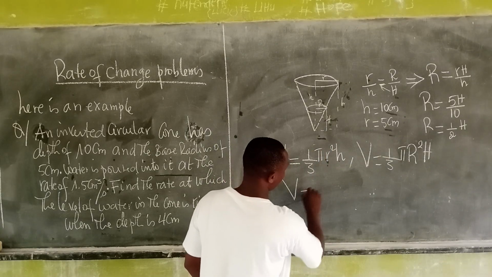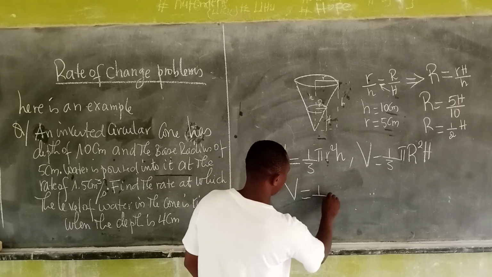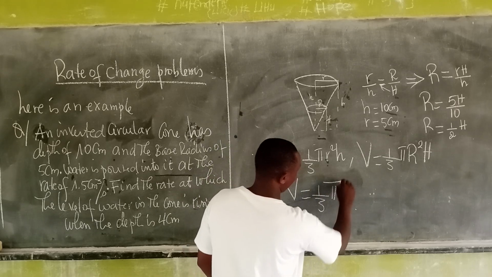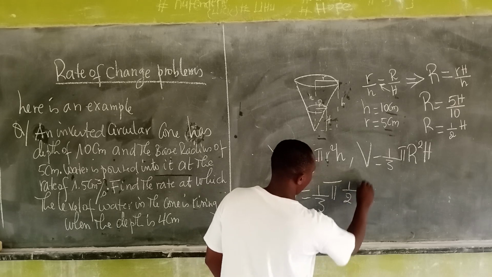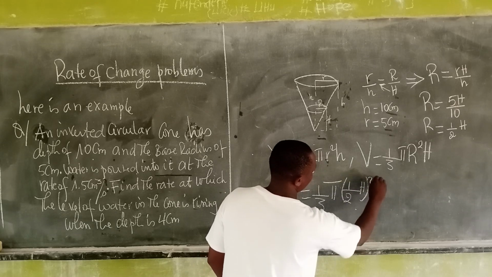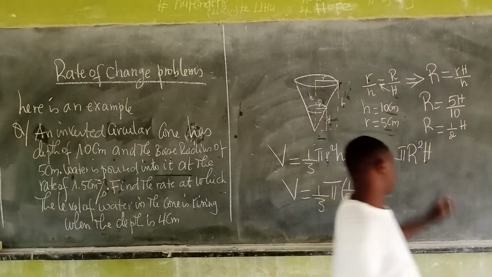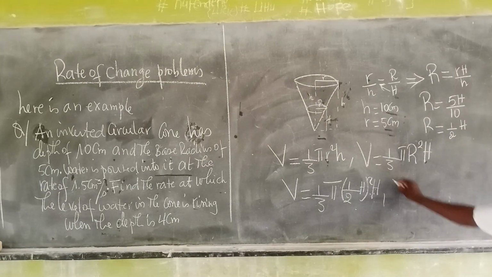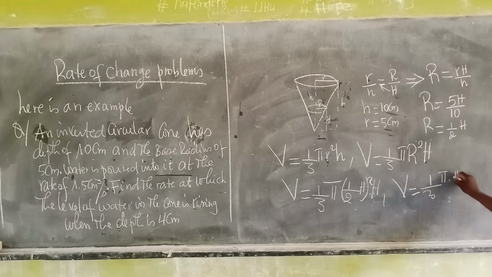This volume will be one third times pi times the square of half of h, and we multiply also by h. The volume will be 1/3 times pi times h squared over 4 times h, which is also 1/12 pi times h power 3.